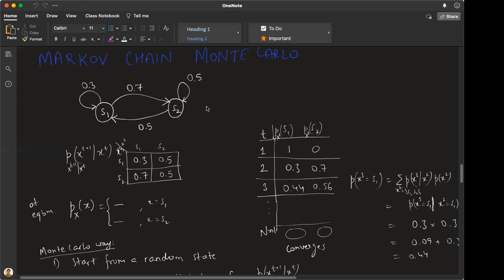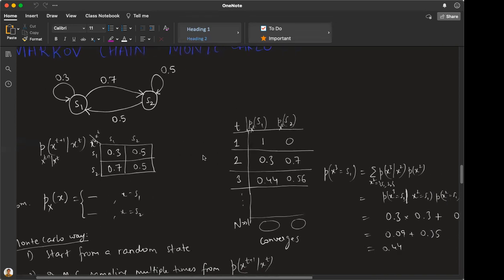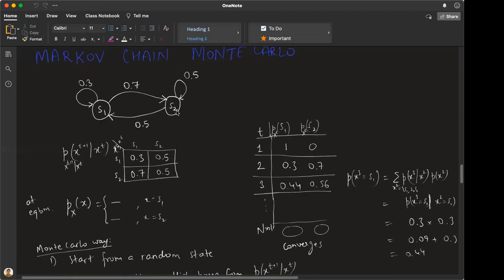One is the probability of the state, the other is the probability of the transition. Probability of transition is represented like probability of S1 given S2, or probability of S2 given S1. Since this is a first order Markov chain, it only depends on the previous state. So probability of x(t+1) given x(t) characterizes these transitions completely.